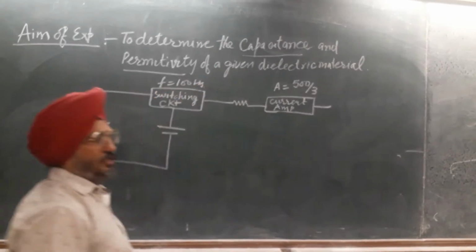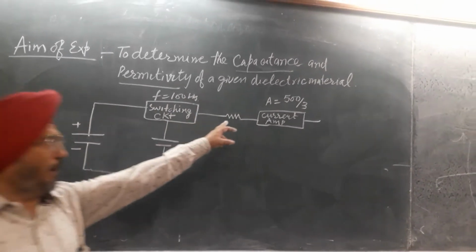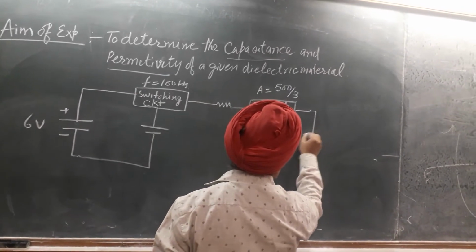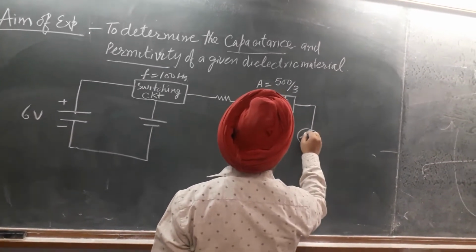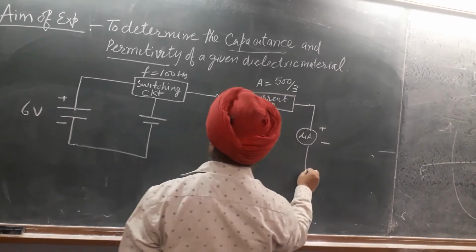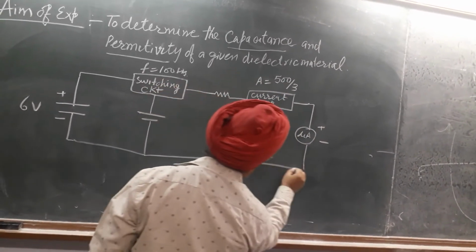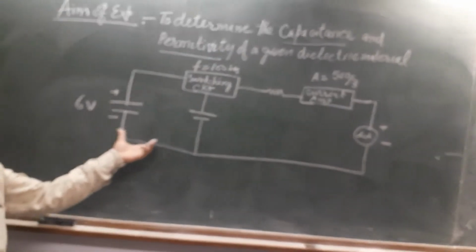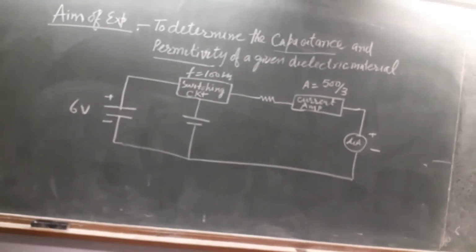The gain is denoted by capital A, and this current is then measured by a DC microammeter. This is the whole experimental setup.